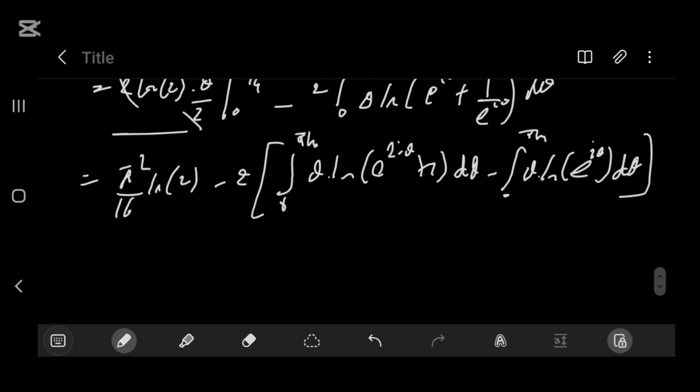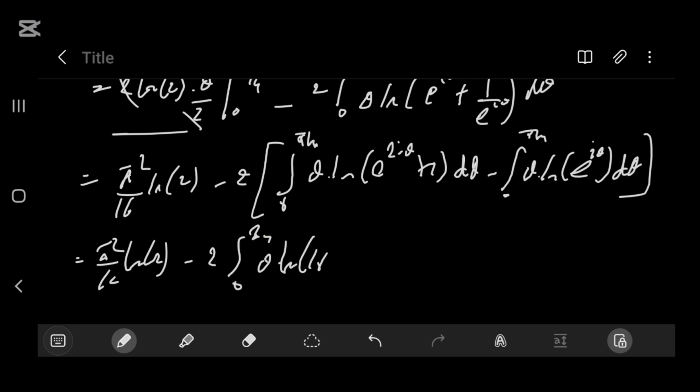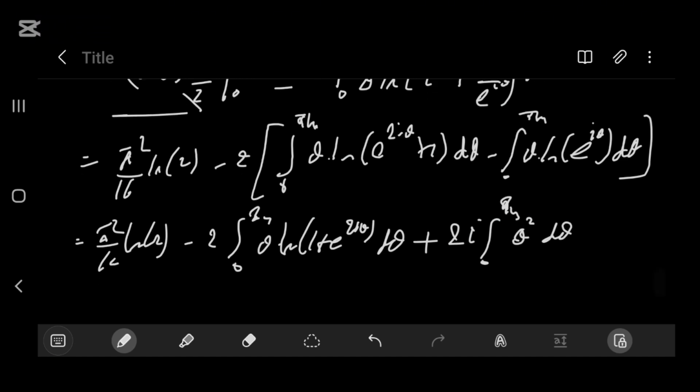Okay, cool. So now we have two integrals here, which is pi squared over 16 ln 2 minus 2 times the integral from 0 to pi by 4 of theta ln(1 plus e to the 2i theta) d theta plus 2i times the integral from 0 to pi by 4 of theta squared d theta. I'm terribly sorry about that.